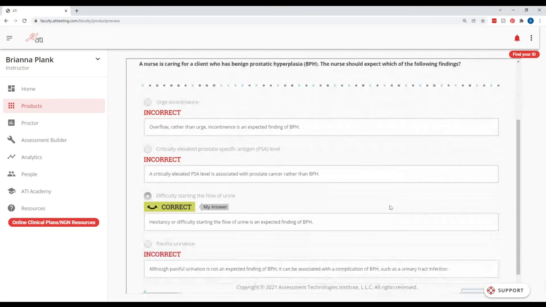Yeah. So in BPH, the prostate is really inflamed. Well, not inflamed, but larger than usual. So if you're ever trying to place a Foley in a patient with BPH, it's really hard to pass that through because the prostate kind of blocks it. Same thing with them trying to urinate. Sometimes it's hard to get that started, get enough pressure within the urinary tract to get the urine flowing.